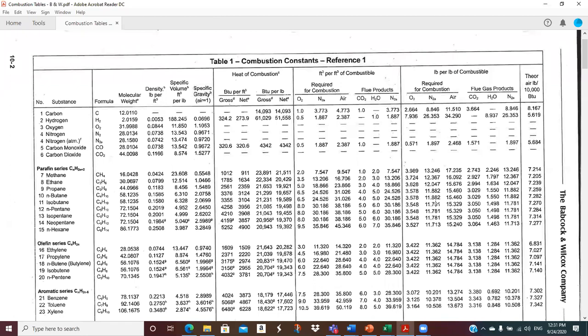We're burning natural gas, which is basically methane. This comes from the steam book, Babcock and Wilcox. These columns are cubic foot of O2, N2, and air per cubic foot of combustible. Well, a cubic foot of natural gas is worth how many BTUs?